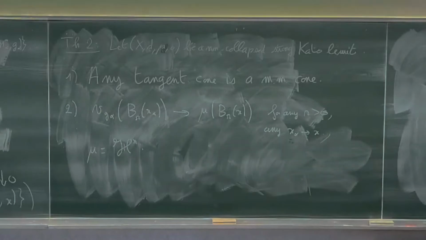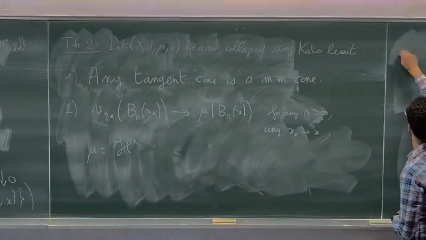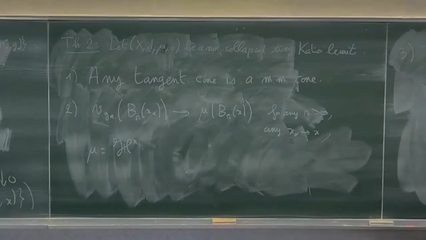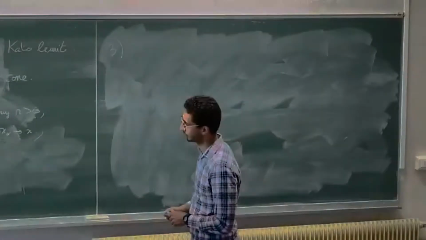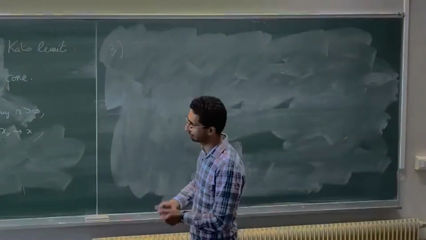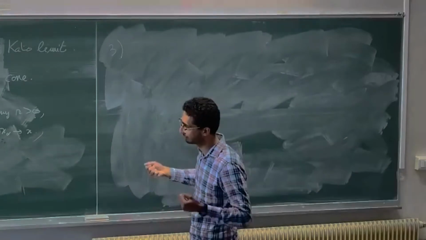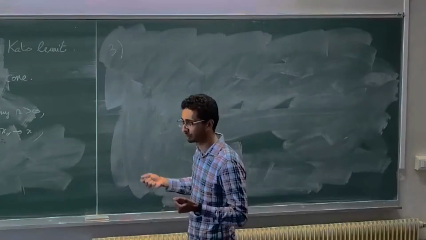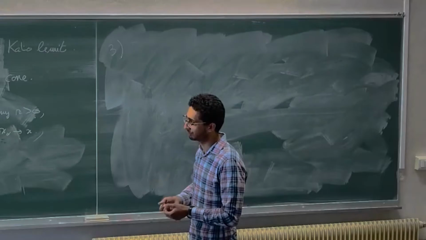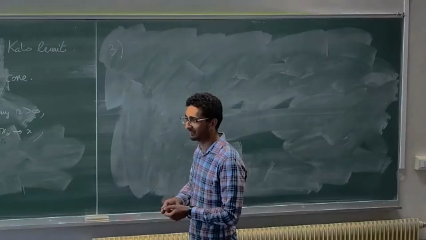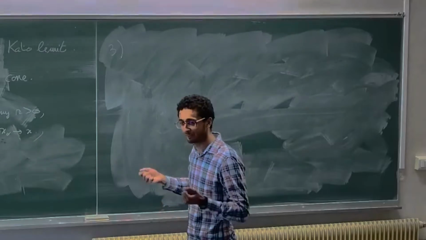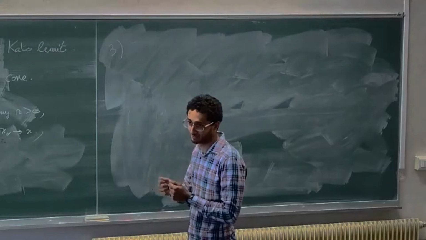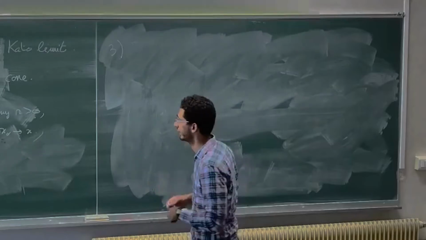Okay, so now the third statement. As I said, tangent cones are a kind of replacement of tangent space for non-smooth metric spaces. But of course, if you get points where there is a unique tangent cone which is R^n, you're happy because it's a regular point, like on a manifold.